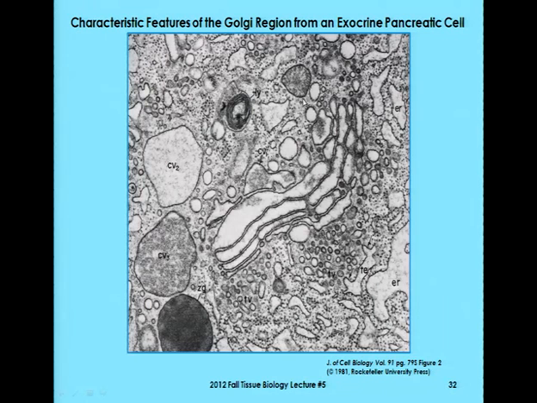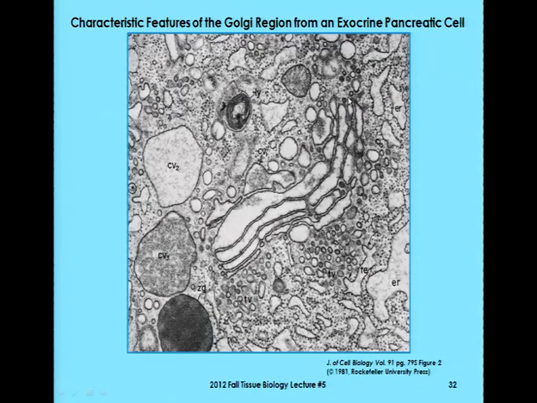On the trans side of the Golgi, we see evidence for a condensing vacuole, and this is a vacuole that has some accumulating secretory product within the lumen. Eventually, they become larger and condense to form zymogen granules.